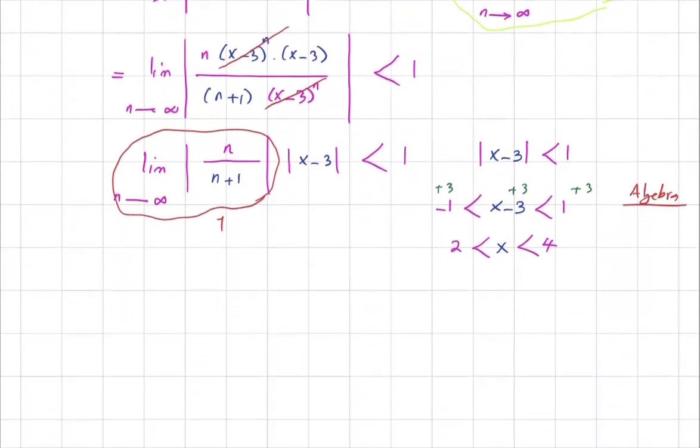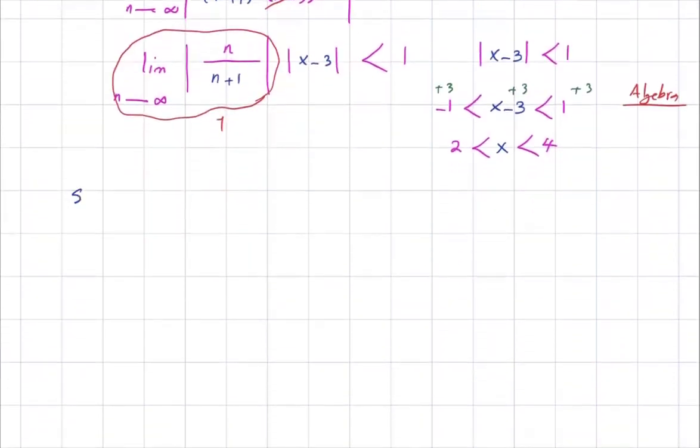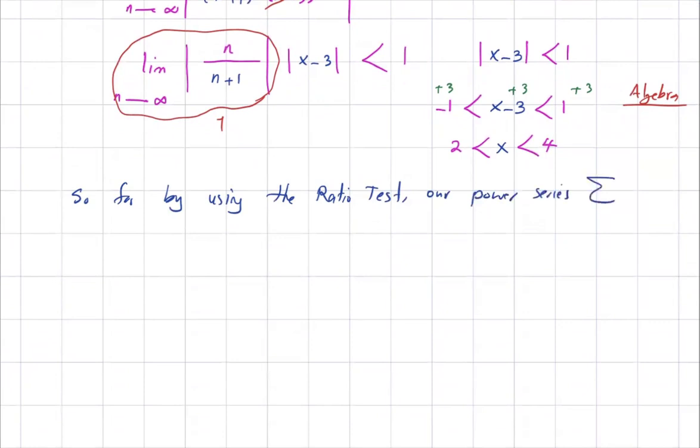So let us write down everything here. So far, by using the ratio test, our power series, the summation of (x minus 3) to the power n divided by n, when n starts from 1 and goes to infinity, is convergent as long as x is bounded between 2 and 4.